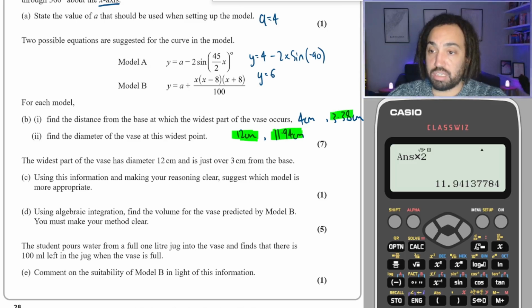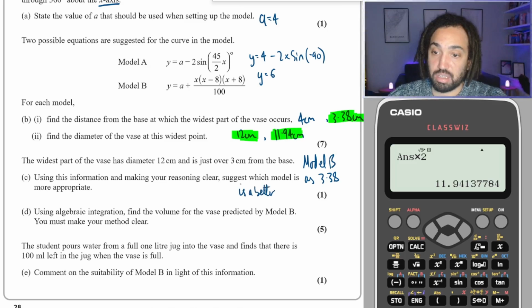But this one has a much better approximation for the distance from the base. So with that being said, we will go with model B as 3.38 is a better fit.